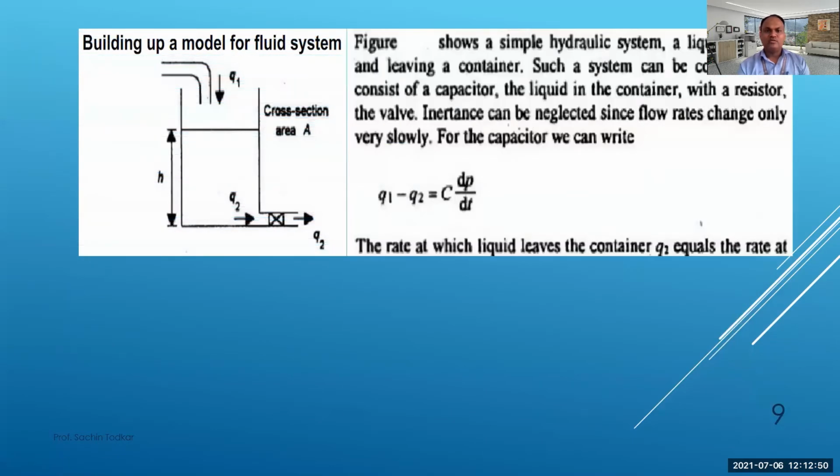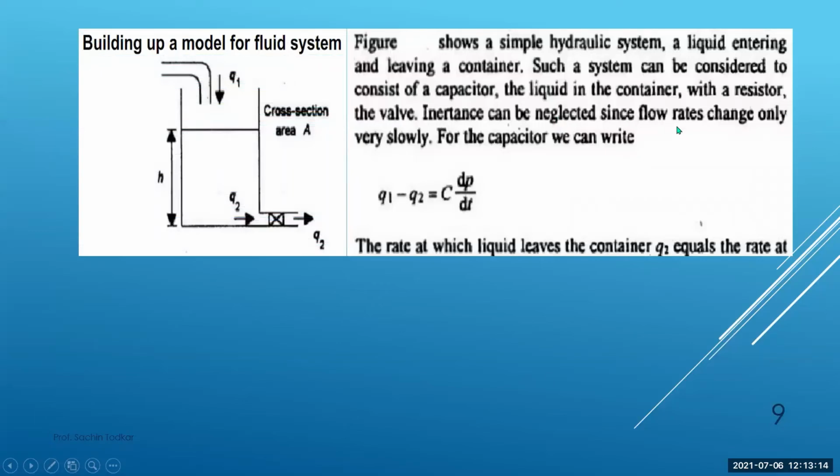Now we'll build one model for a fluid system. This figure shows a simple hydraulic system, a liquid entering and leaving a container. Such a system can be considered to consist of a capacitor, the liquid in the container, with a resistor. The resistor is the wall.